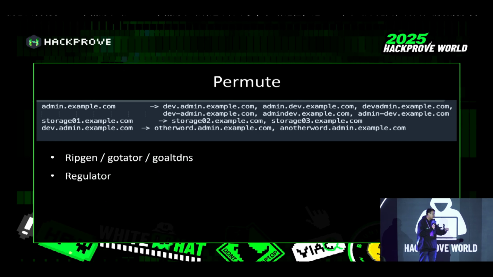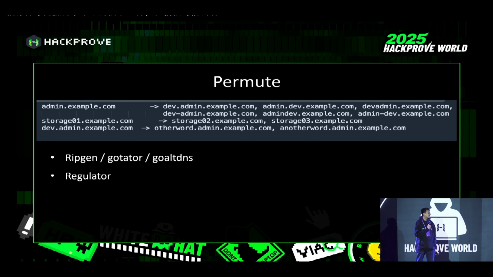So finally moving towards permutation. If a company has a subdomain like admin.example.com, it is likely that they will have subdomain dev.example.com or admin.dev.example.com and so on. Similarly, if it has a subdomain like storage1.example.com, they are likely to have storage2.example.com, storage3.example.com and so on.